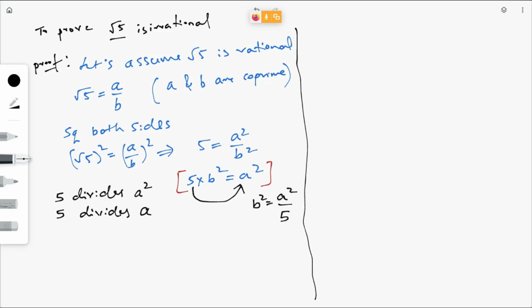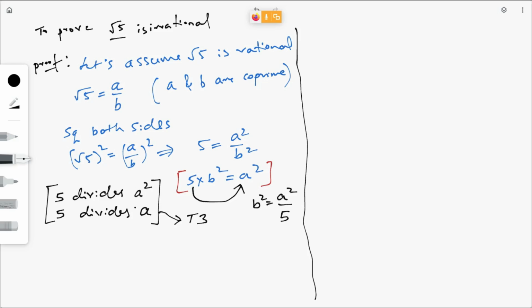a. We did theorem number 3, right? If some prime number divides a square, then that same prime number will divide a. Yes or no? This step, theorem number 3. If a square is divided, obviously the number divides a. a means some number.